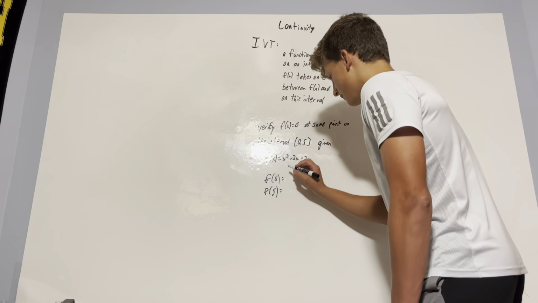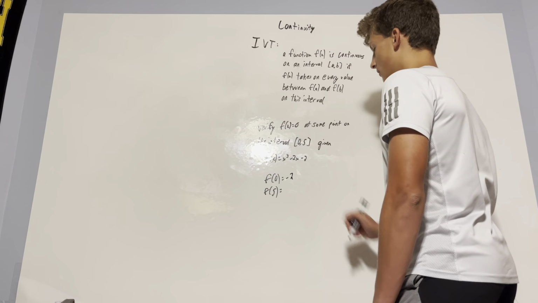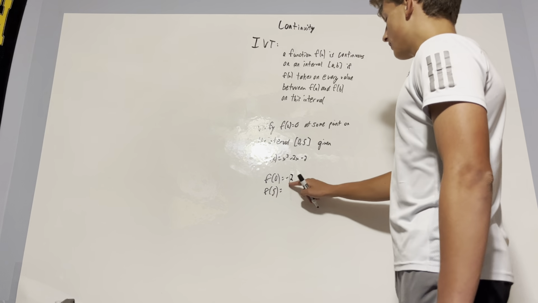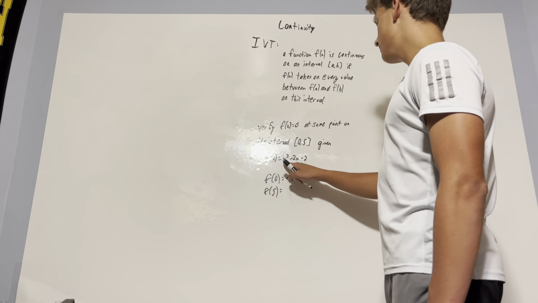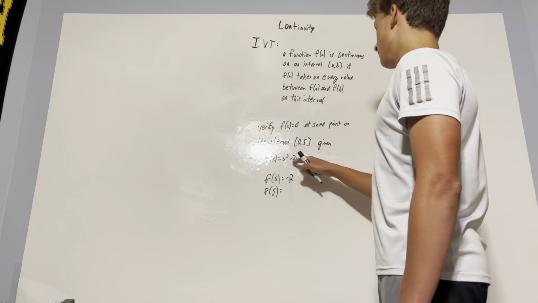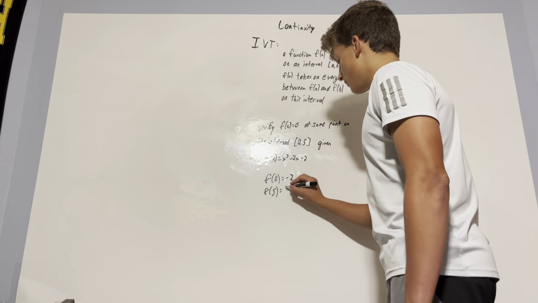F of 0: we plug in 0, we get negative 2. F of 5: 5 cubed is 125, minus 2 times 5, that's 10, so that's 115, minus another 2 is 113.